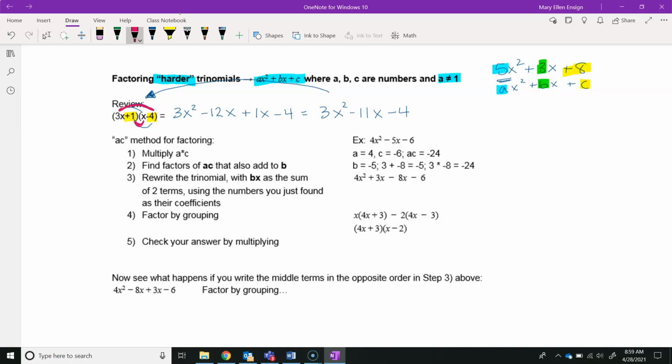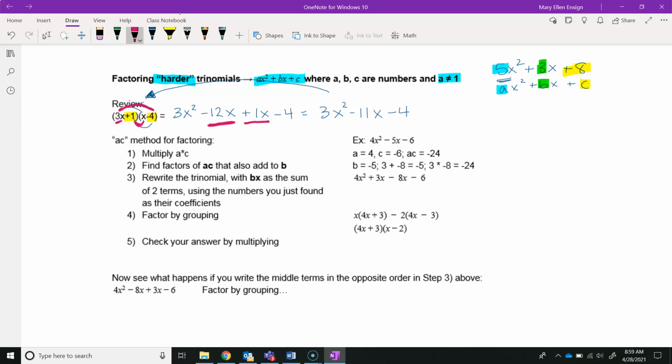Well, this time, -4 times 3x gives us -12x. So it's a little different. The coefficient of this x is not the same as that last number. So I add -12 and 1, and that gives me my -11. It brings this 3 out here into consideration with this. So that's why these are a little bit different.